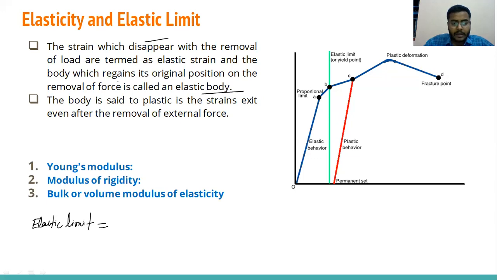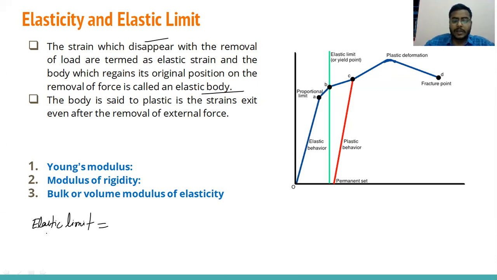Every elastic body shows the elasticity property up to some limit. After that limit, that is called the elastic limit. Beyond this elastic limit, the body or material will show some permanent or residual deformation. Hence, it will not regain its original shape and size.